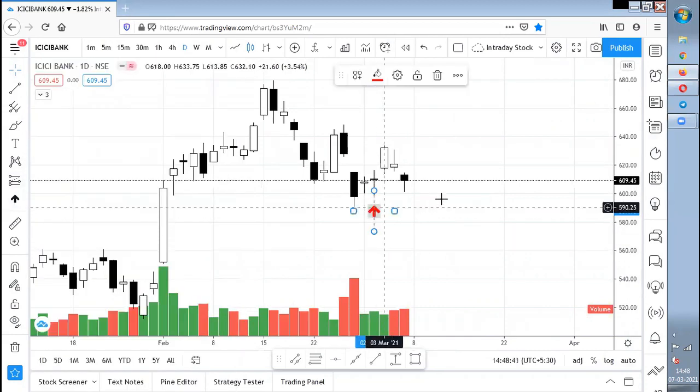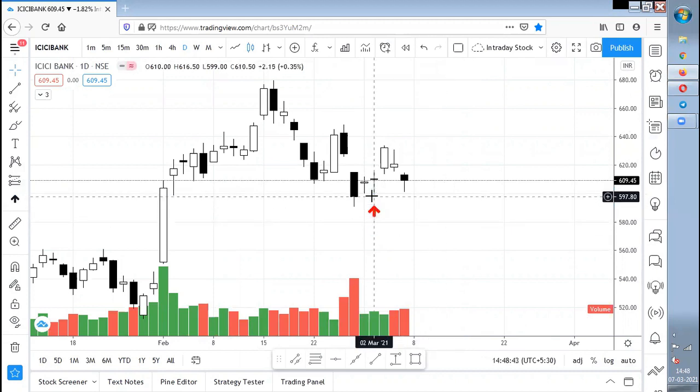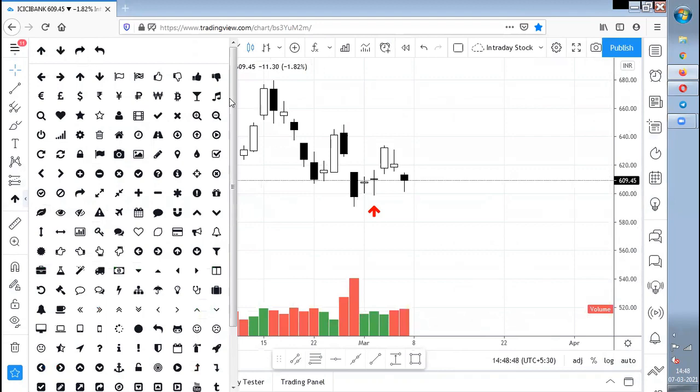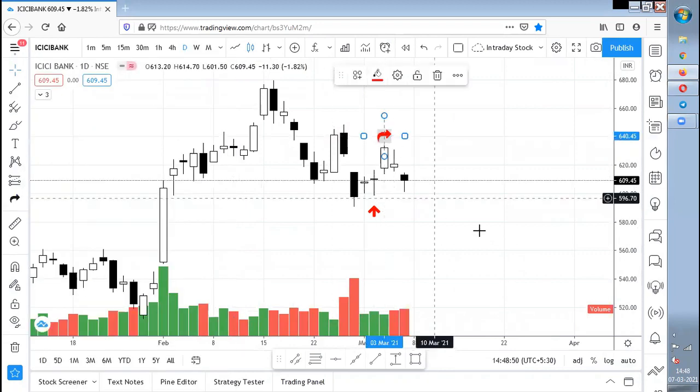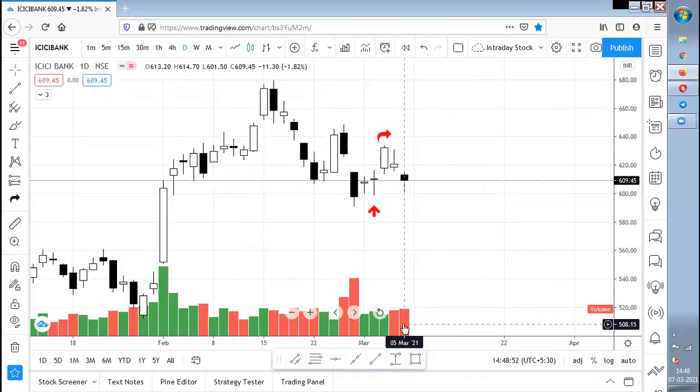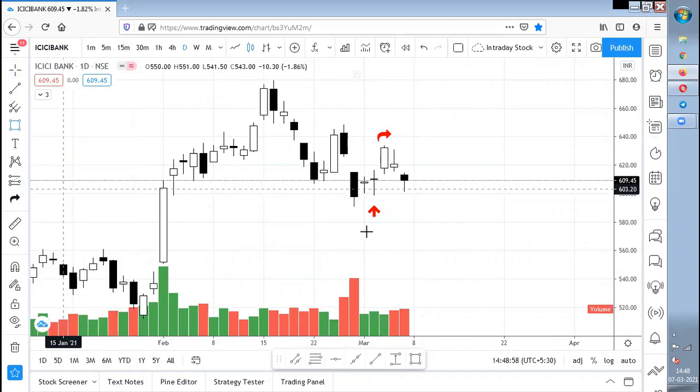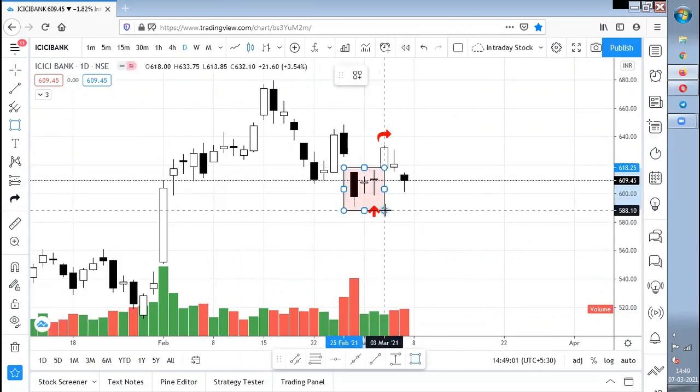I said on this particular day that ICICI Bank can perform the next day, and this is the movement that happened that day. Fine. So people are asking how. It is very simple. If you could see, I was able to make it based on this candle structure.